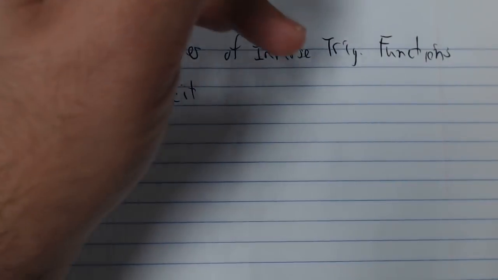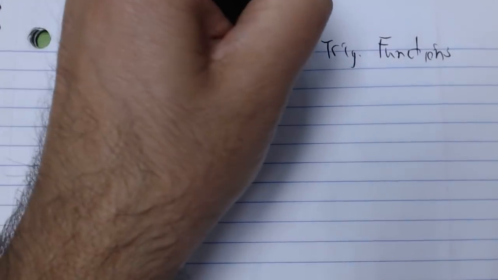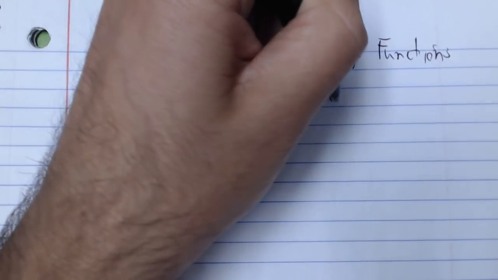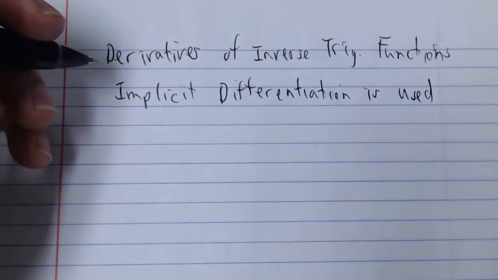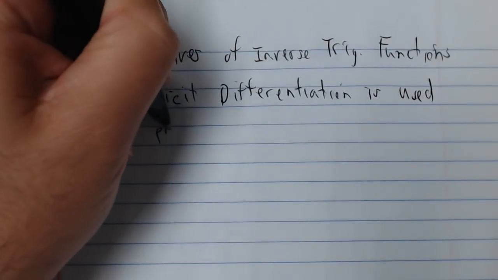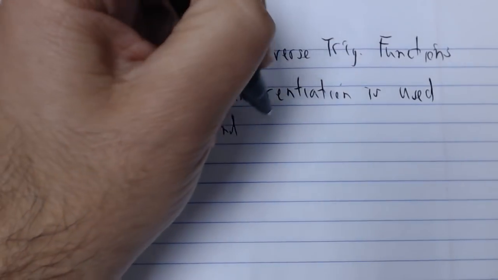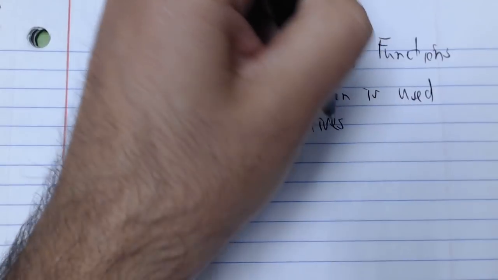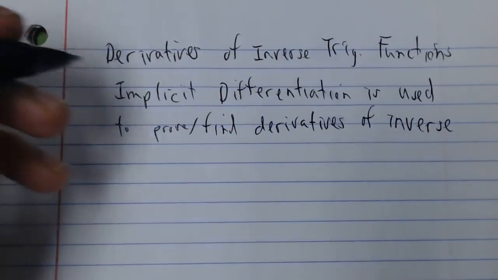So implicit differentiation is used to prove or find derivatives of inverse trig functions.